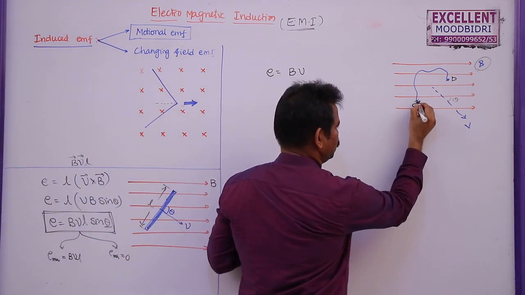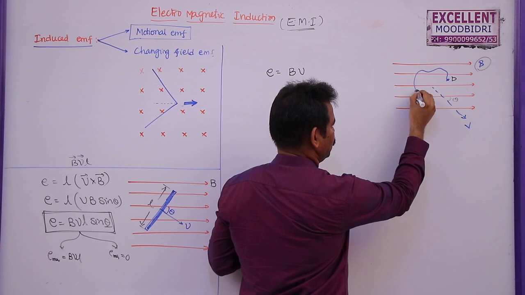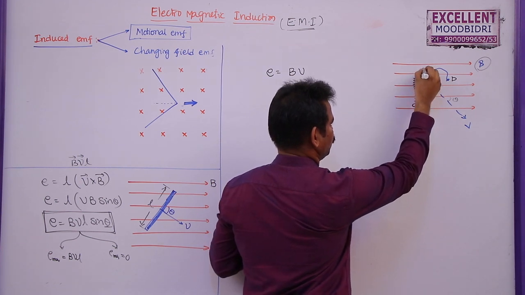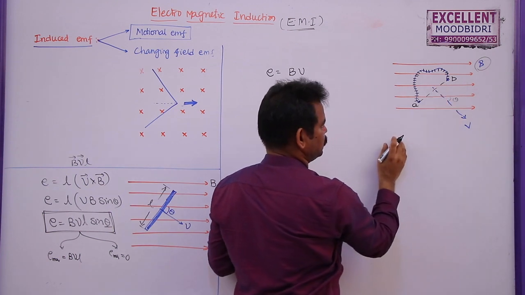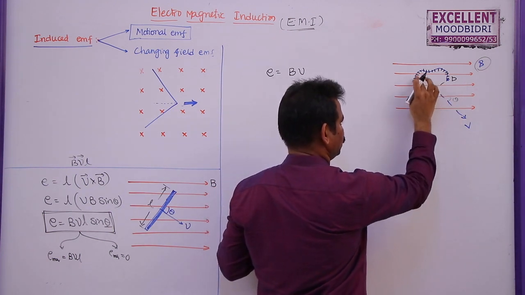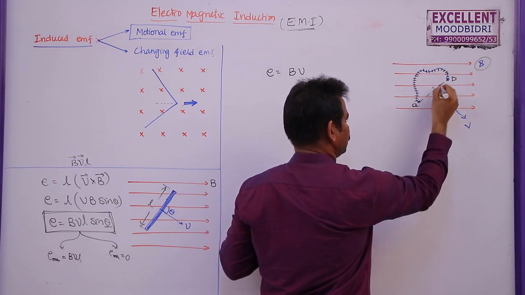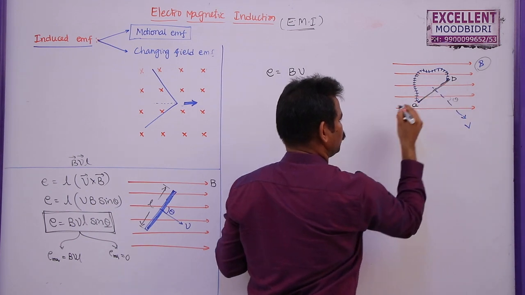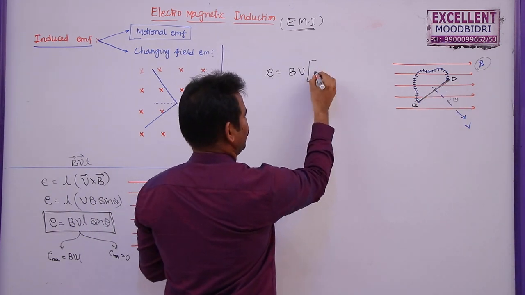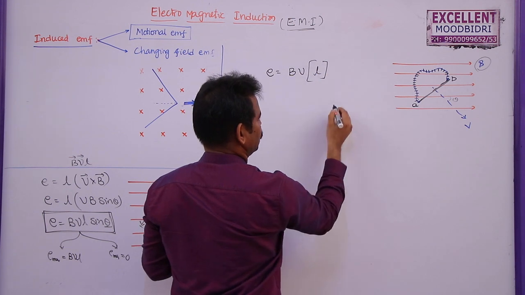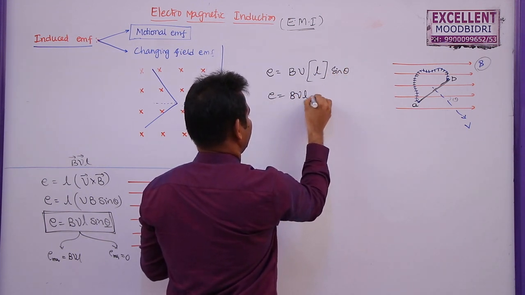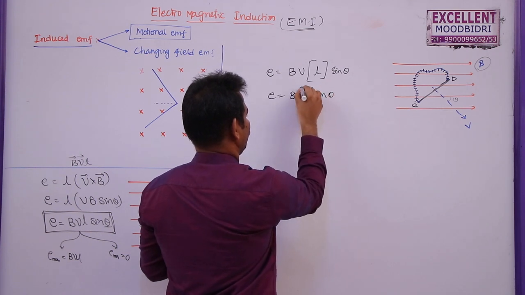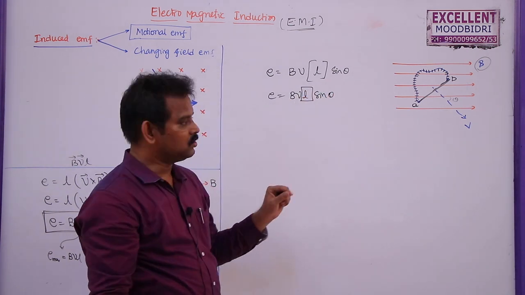This is divided into small lengths dL1, dL2, dL3, dL4. If you add them up, the total length of this irregular rod is nothing but the shortest distance between these two points. So this will become L into sin theta. So EMF is given by BVL sin theta, where L is the shortest distance between the two ends of this rod.